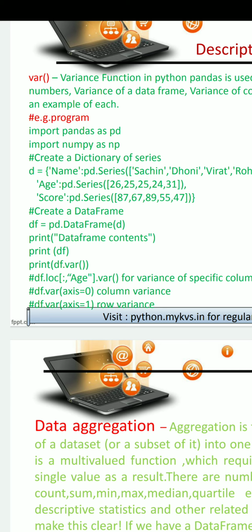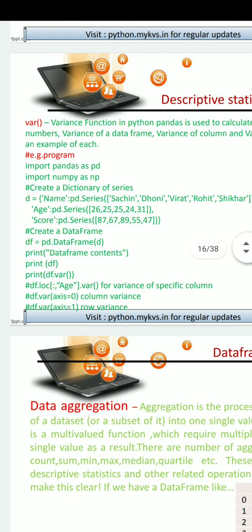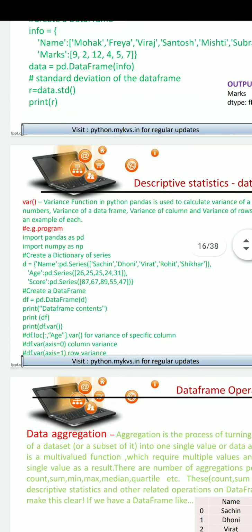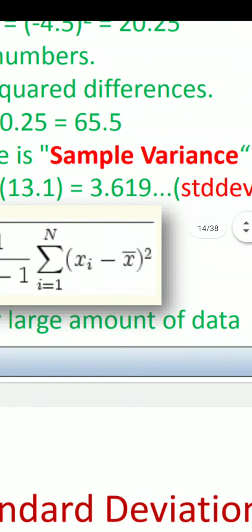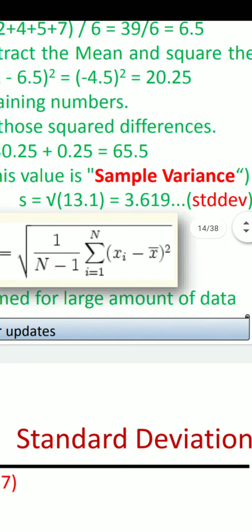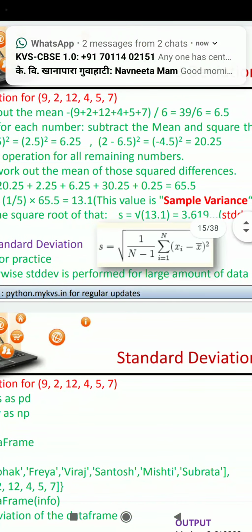If we want the column-based variance, it finds the variance of all columns. If we mention the row variance, it finds the variance of rows. So finding variance is very easy through a program, and finding variance mathematically we have already learned here. So sample variance can be found easily.